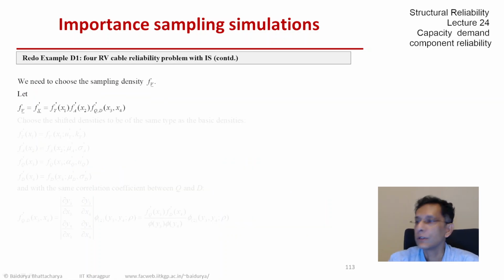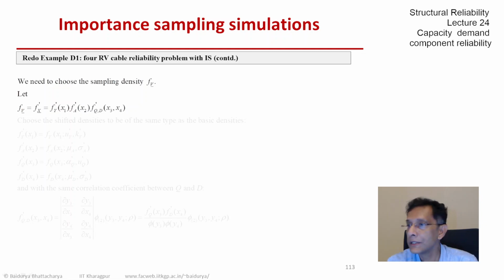So this is what the importance sampling density function looks like. We choose it to be this way: f_V has the same form as f_X, and we expand it as f_Y times f_A, both primed.